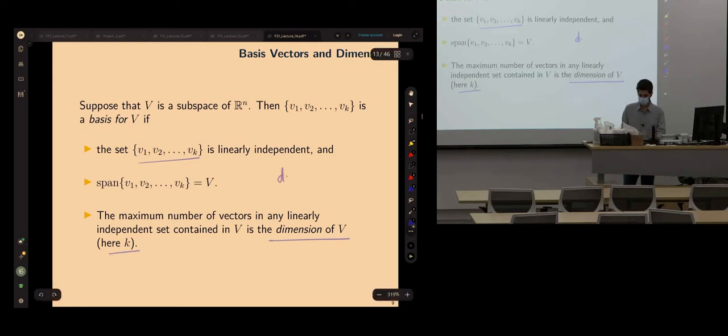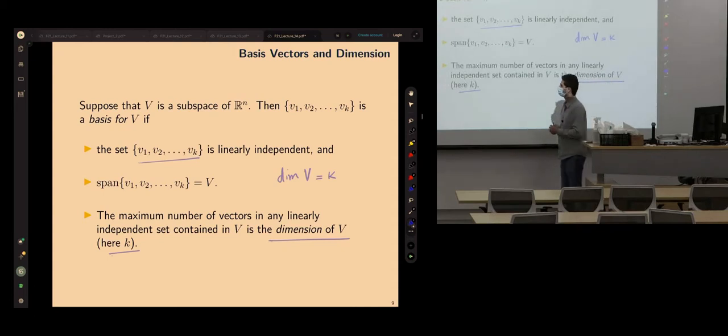So you could say the dimension of your subspace V equals K. So now we are finally talking about the dimension of a space.